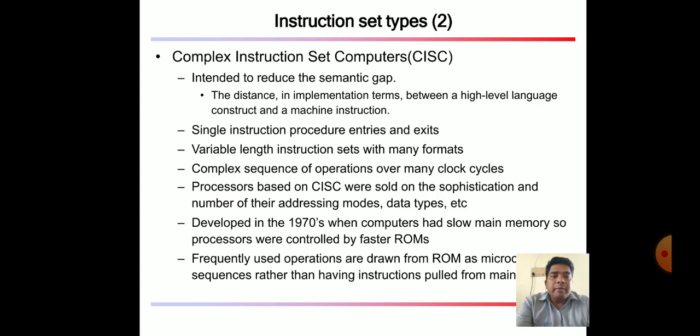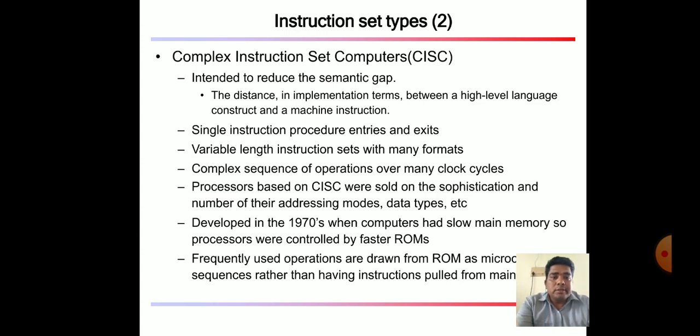The semantic gap is the distance in implementation between the high level language construct and the machine instruction. A single instruction produces many operations. You know that it has variable length instruction sets with many formats available, and complex sequences of operations over many clock cycles.